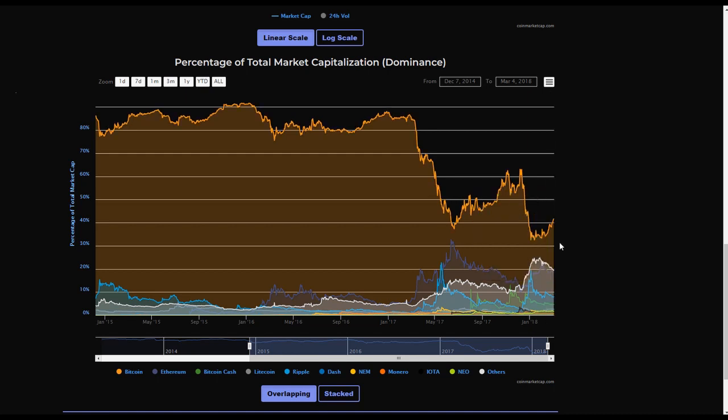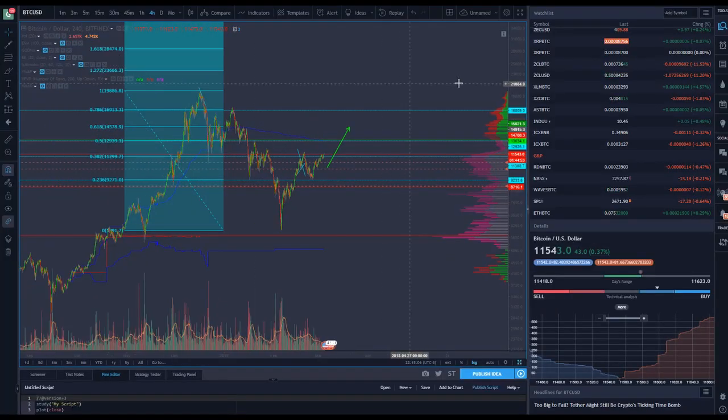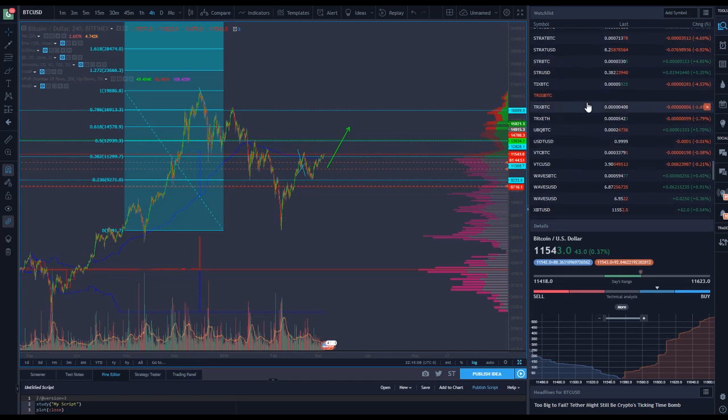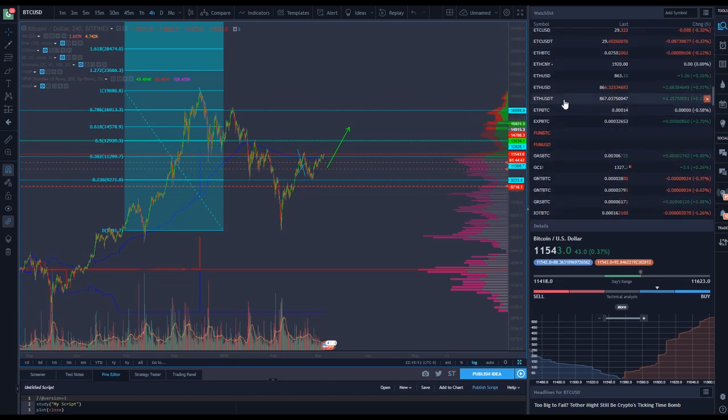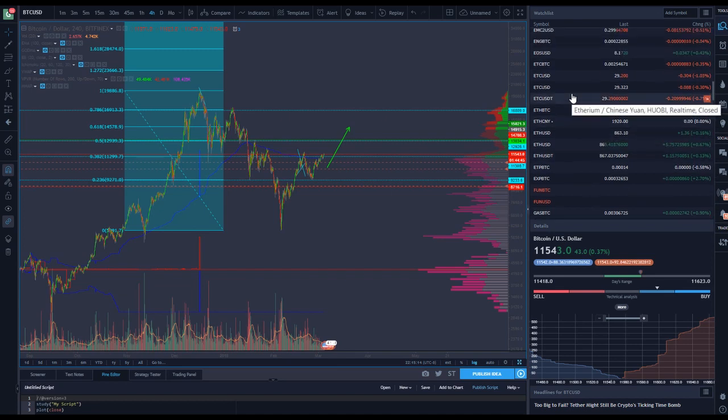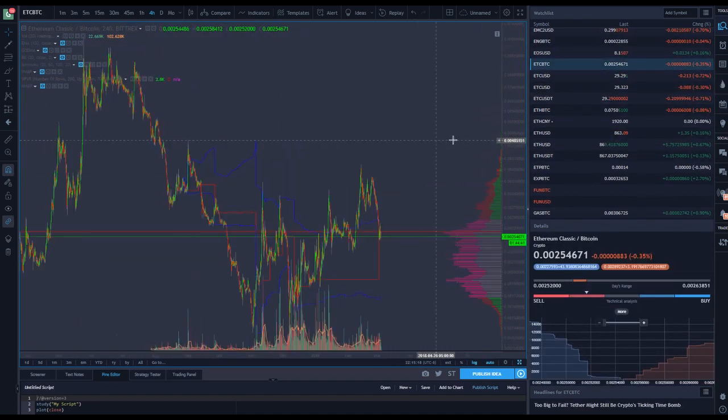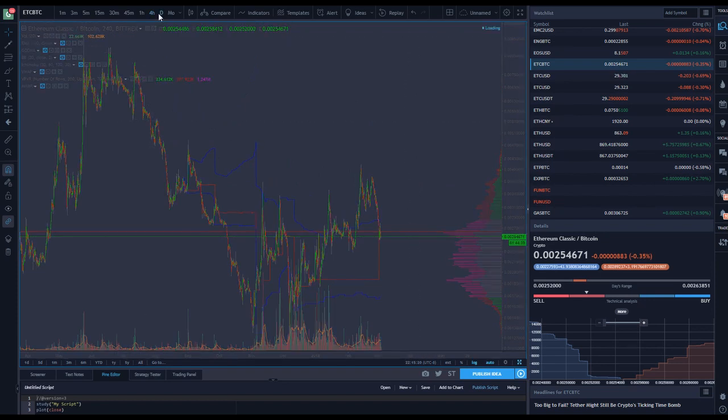But I'm also in a lot of altcoins just in the long term. So when I go to the ETH chart, which is up here, I like to do, first I use the Bitcoin ETH chart, and I'll do the 1 day.